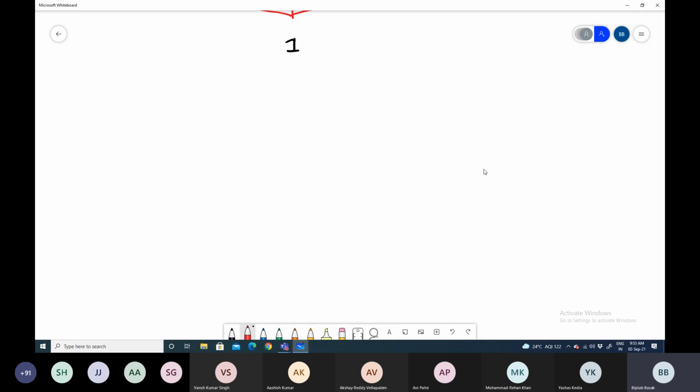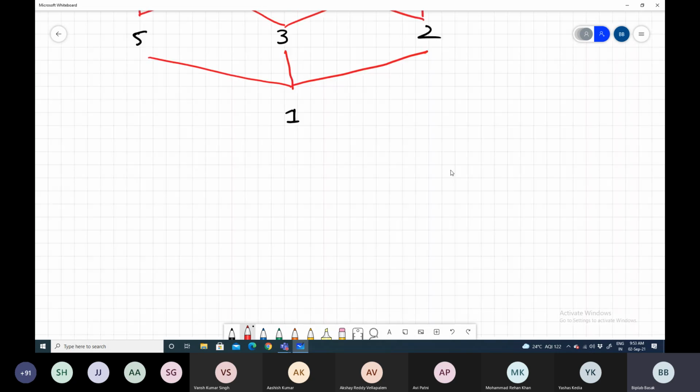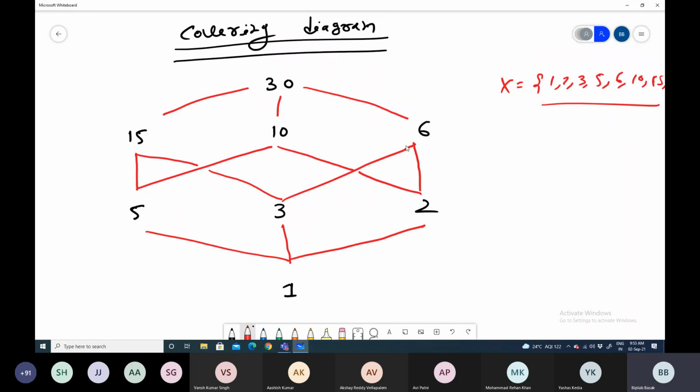Now in a poset, we can talk about the least element and the greatest element. For example, look at this diagram. Can you tell me, if you look at this, what is the least element of this set? One. Right. So 1 is the least element. And what is the greatest element of this set? 30. Right.